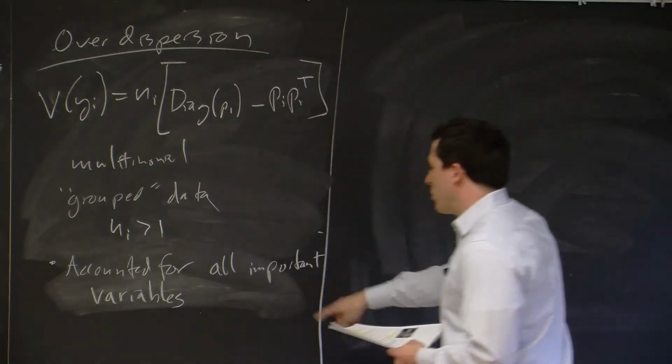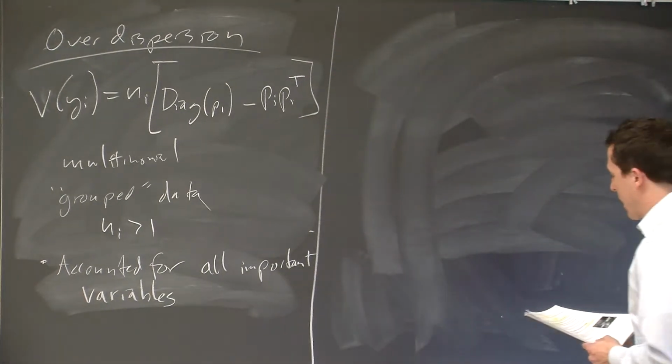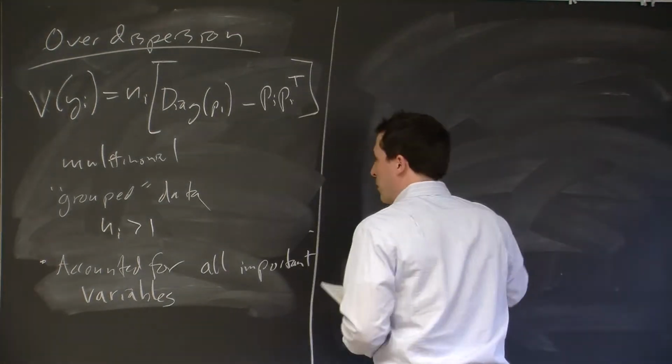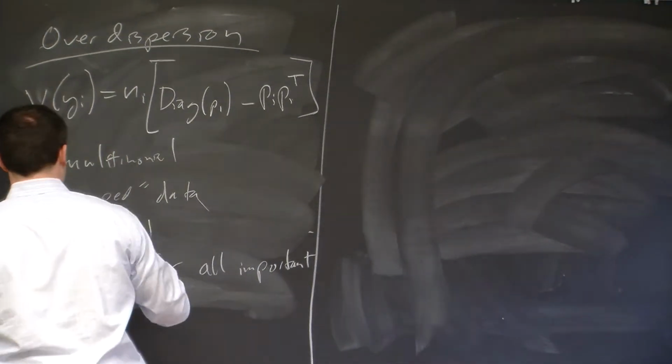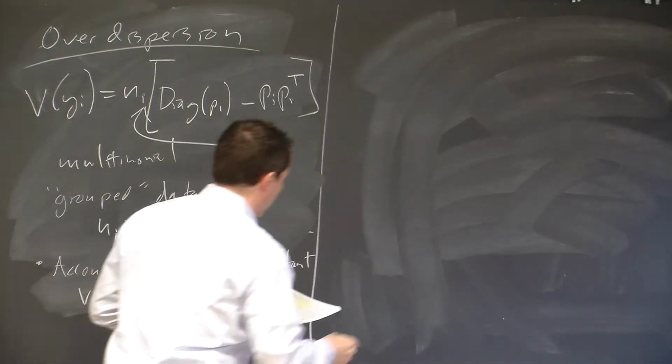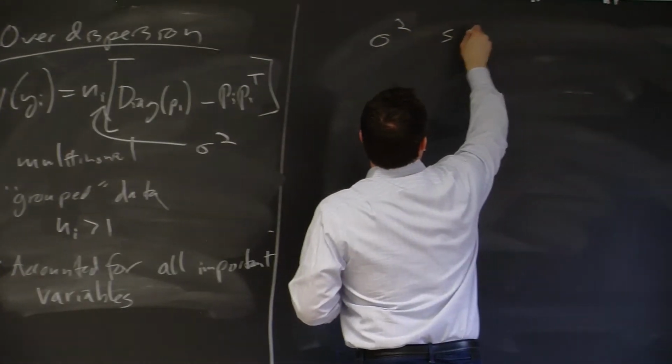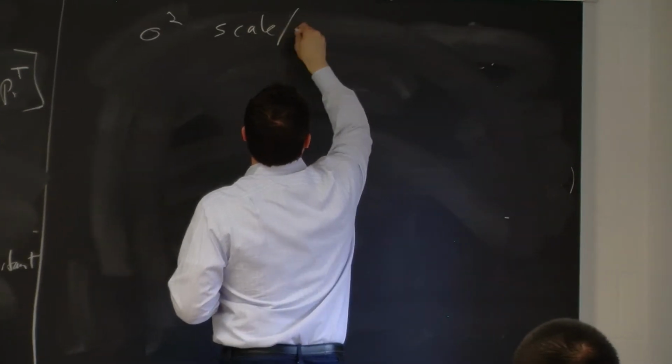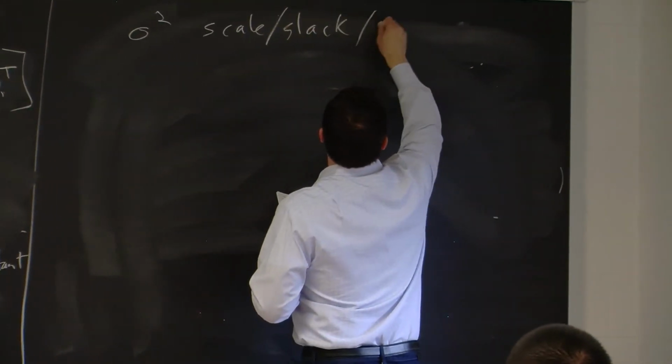Okay, so to do the overdispersion calculation, we're just introducing a scale parameter into this, a new sigma squared, a scale or dispersion parameter.